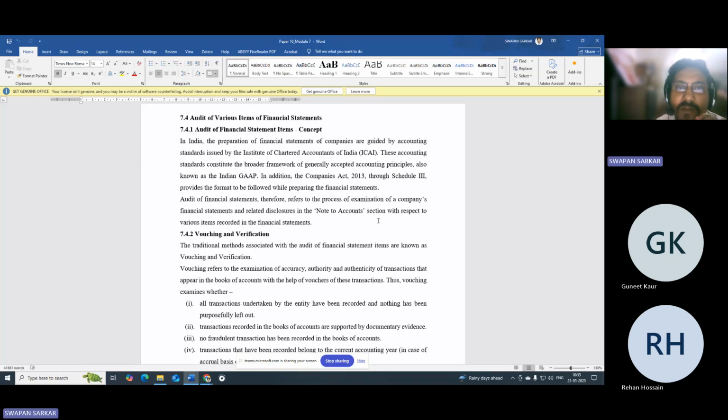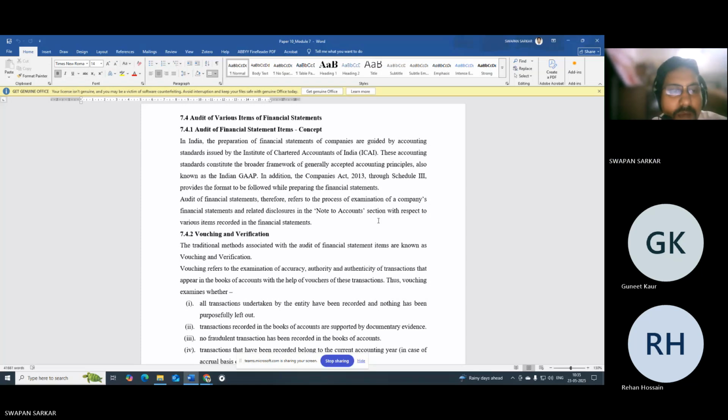So, in this particular subtopic, audit of various items of financial statements, we will be discussing certain items from the P&L statement or certain items from the balance sheet, and we'll try to see with what points the auditor needs to be careful while conducting an audit of those items of financial statements.